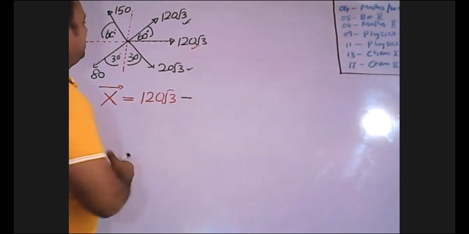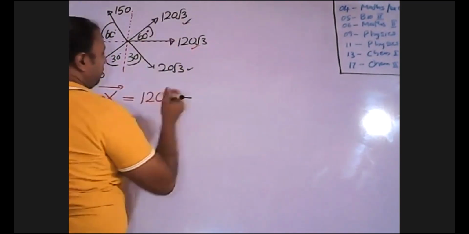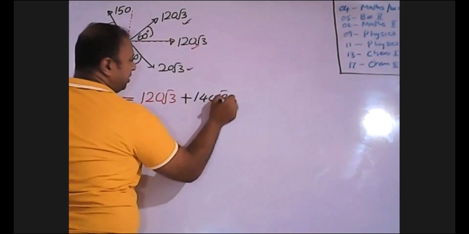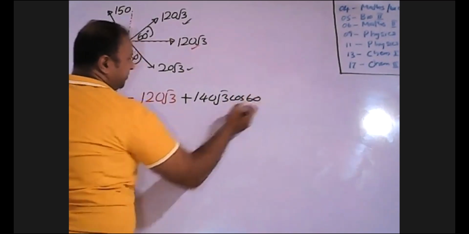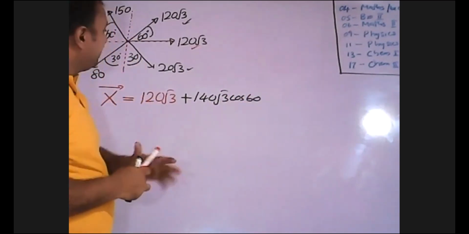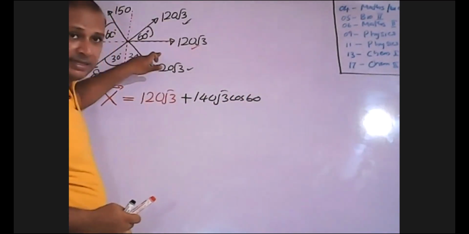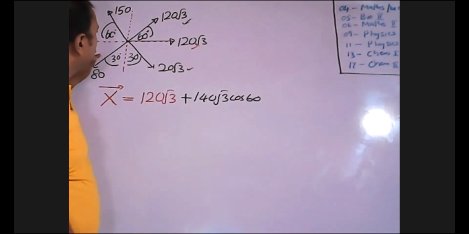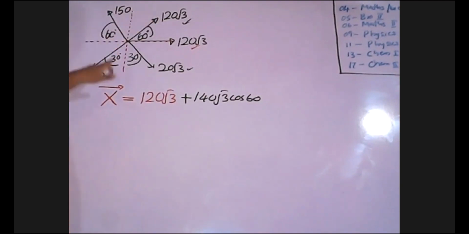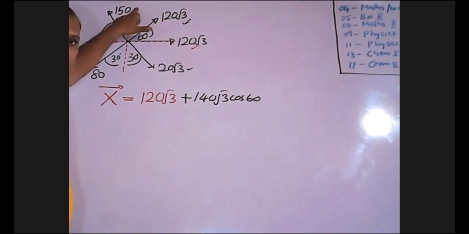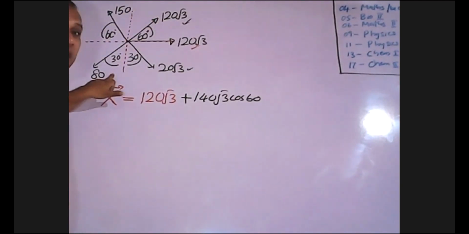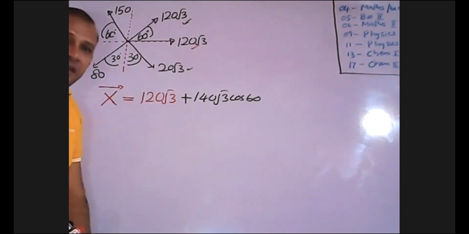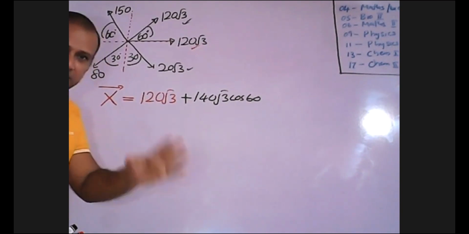So, 140 plus 140 root 3 cos 60. I can add these two at once. If there is root 3 here and root 3 here, then you can take all four forces at once.